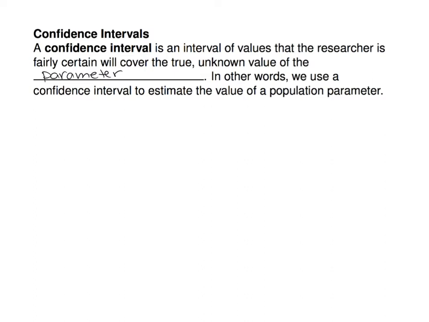You can think about this as a range of plausible values in some sense. In other words, you can use a confidence interval to estimate the value of your population parameter. You know it falls between some number and some other number.